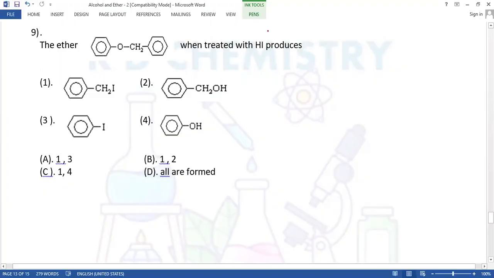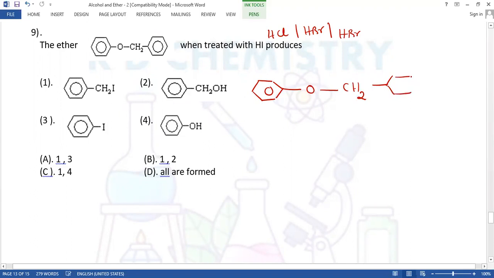We can make use of HCl, HBr, or HI on the ether. Let me take the reactant given directly. There is a benzene ring directly attached to the oxygen, then a CH2 attached to the benzene, correct?